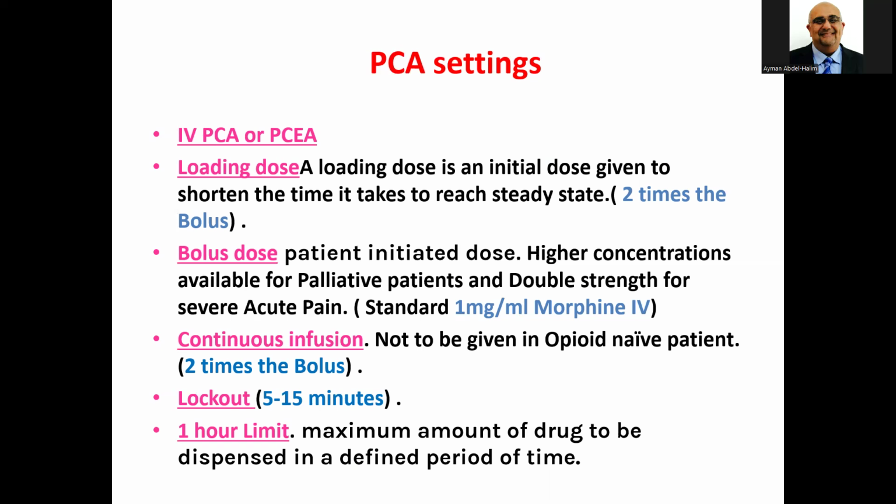The lockout is somewhere between 5 to 15 minutes and depends on the drug itself. So a short-acting drug like fentanyl will probably have a shorter lockout interval, maybe 6 minutes, for example. Something like morphine, maybe 15 minutes, because it's water soluble.